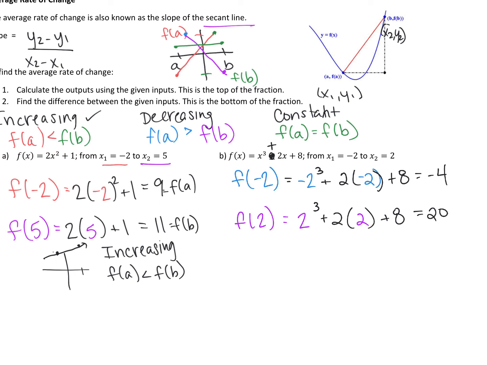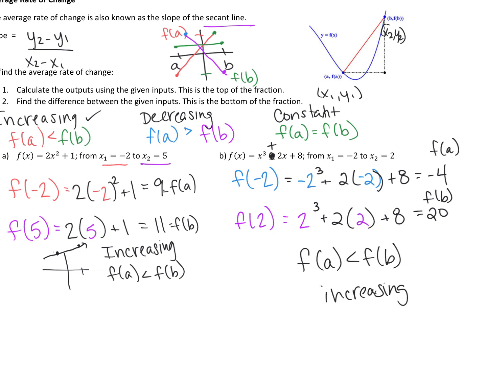And notice again, by definition, your f of a, which is this value right here, is -4. That is smaller, that is less than your f of b, which is this value right here, which is 20. So by definition, this function is also increasing on its interval.